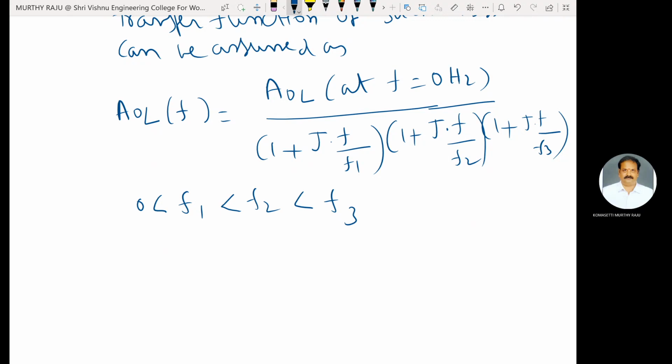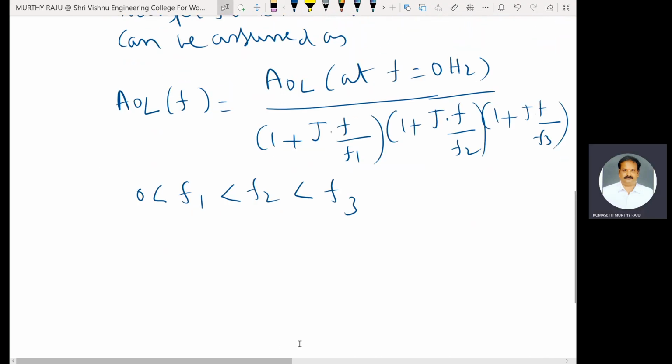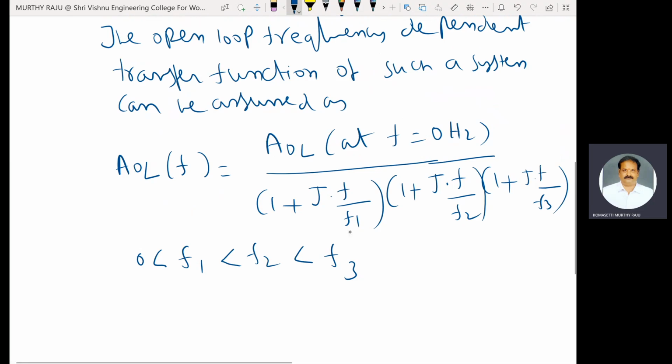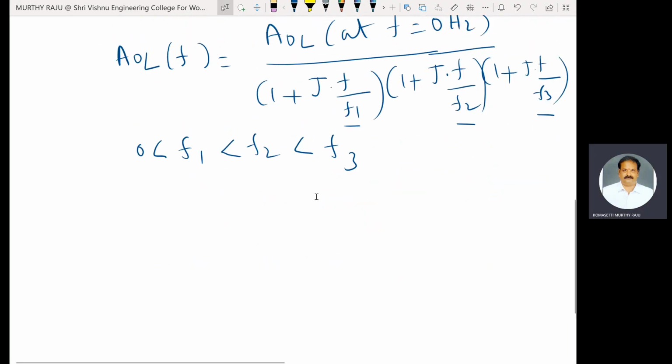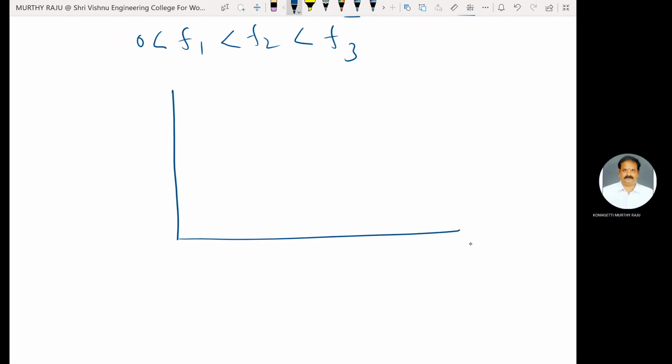Using these three break frequencies, draw the frequency response curve: frequency versus magnitude of the open loop gain.